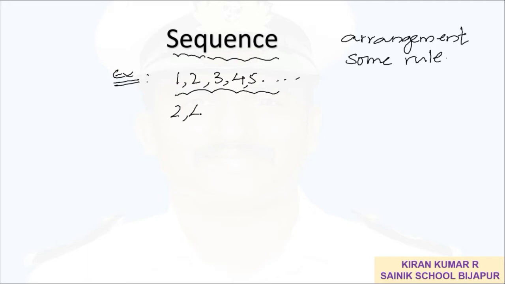If we consider the set of even numbers, it is also a kind of sequence. There is an addition of 2 to the preceding number every time. If you consider multiples of 3, say 3, 6, 9, etc., these are following some kind of sequence.